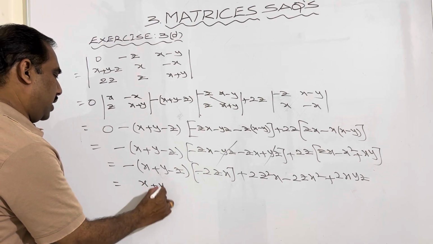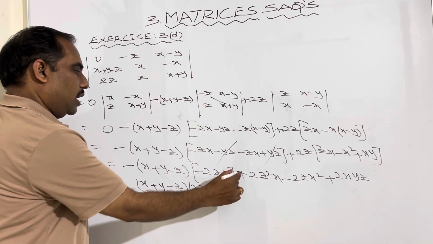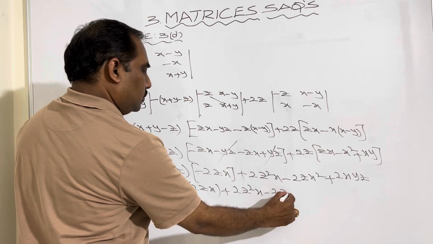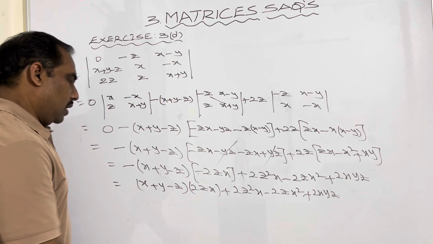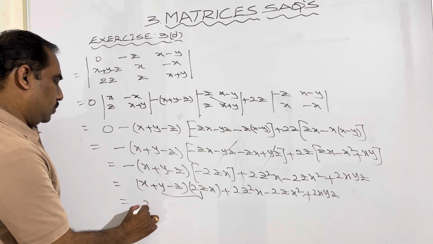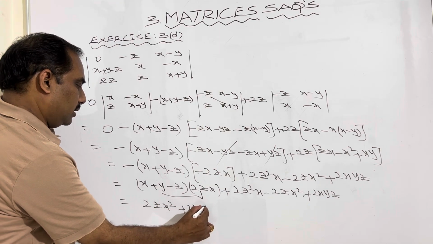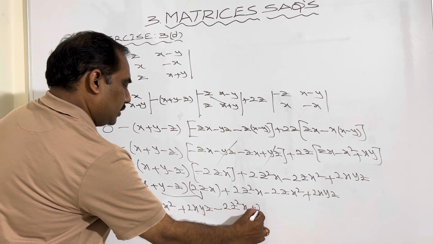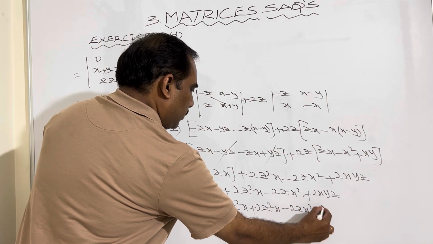Now (x plus y minus z) into 2zx, plus 2z square x, minus 2zx square, and plus 2xyz. Multiplying every term with 2zx, we get 2zx square plus 2xyz, minus 2z square x, plus 2z square x, and minus 2zx square, and plus 2xyz.